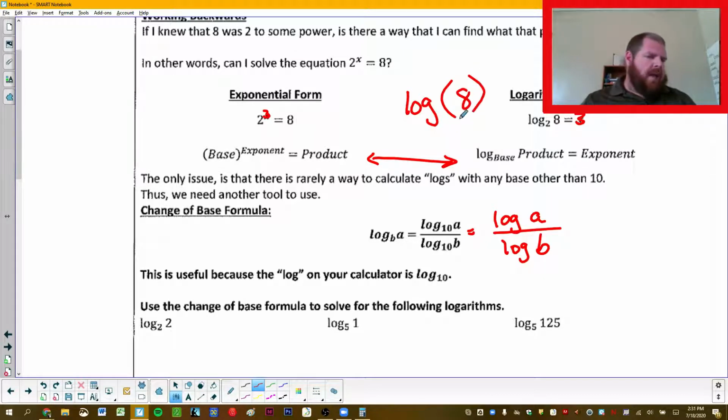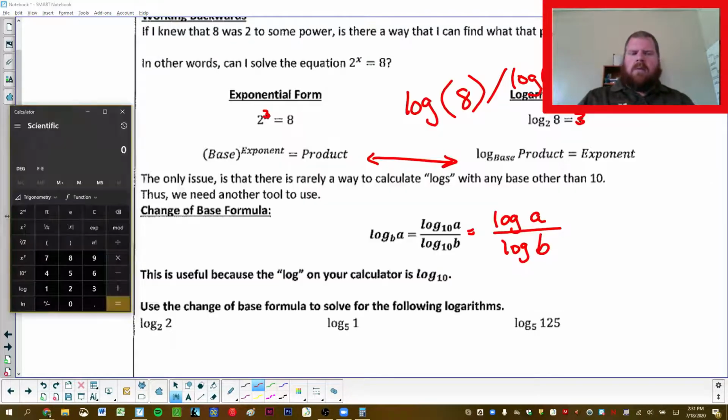You'd type in 8, close those parentheses, and then say log of 2. I have to do that a little bit backwards. I have to put in 8, then hit log, and then I'm going to divide that by 2, then hit log again. And then I have to hit equal. When I hit equals, that's going to tell me log 8 over log 2 is 3.